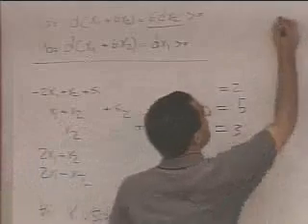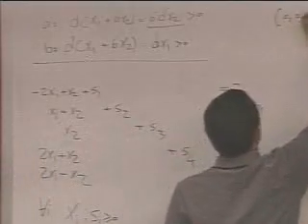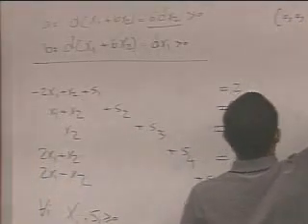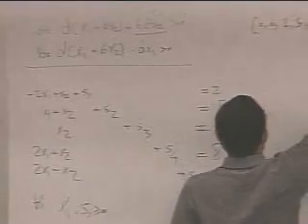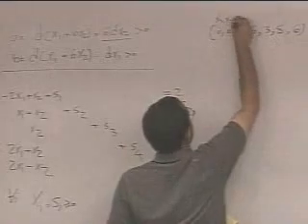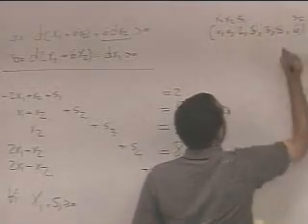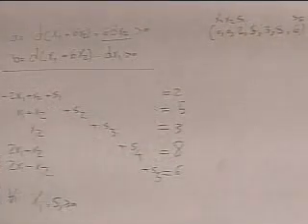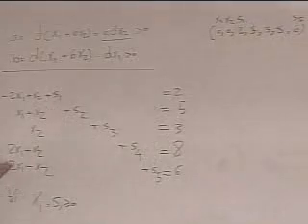So our variables are this: 0, 0, 2, 5, 3, 8, 6. So x1, x2, s1 till s5. So now you have 7. You're in 7 dimensions. So 0, 0, 2, 5, 3, 8, 6 satisfies these constraints.